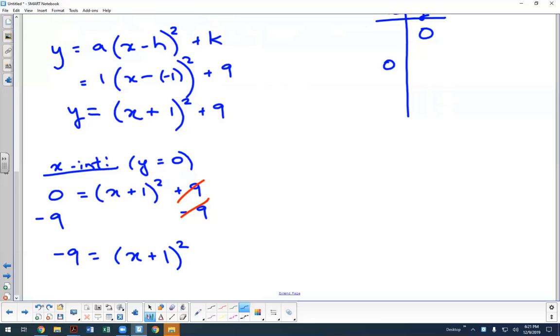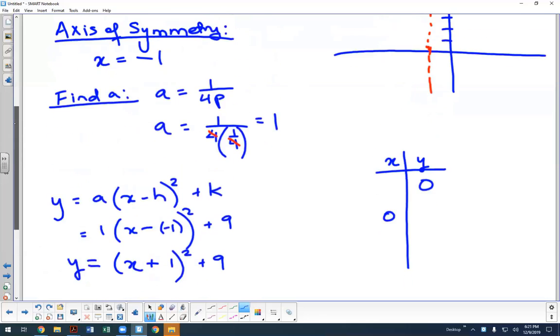Are you supposed to foil? I didn't really write down how I came up with that. Oh, no, I missed a step here.